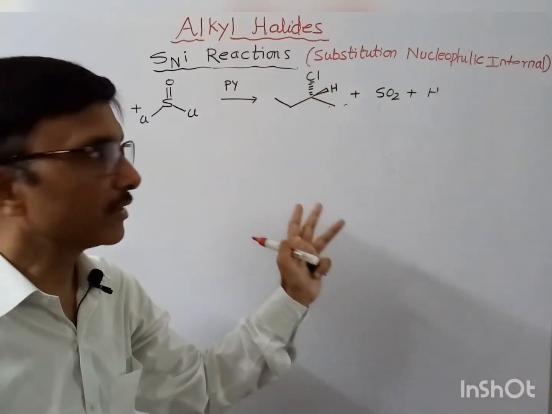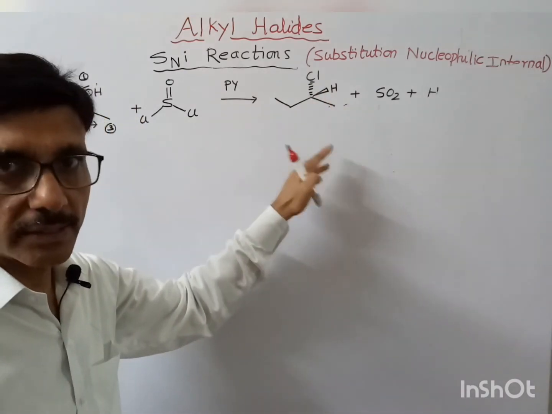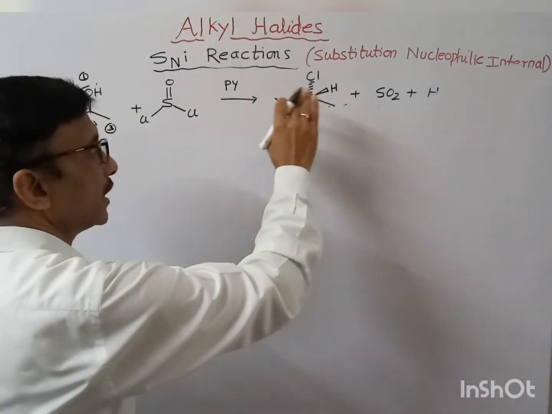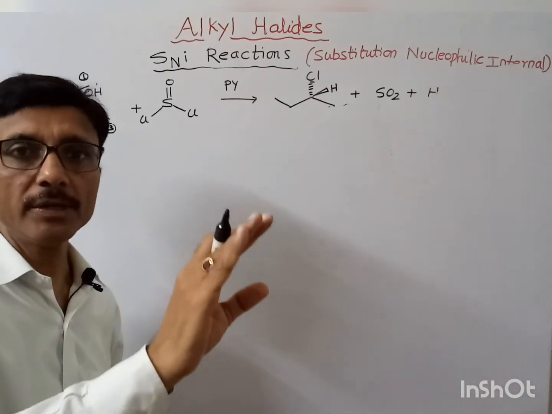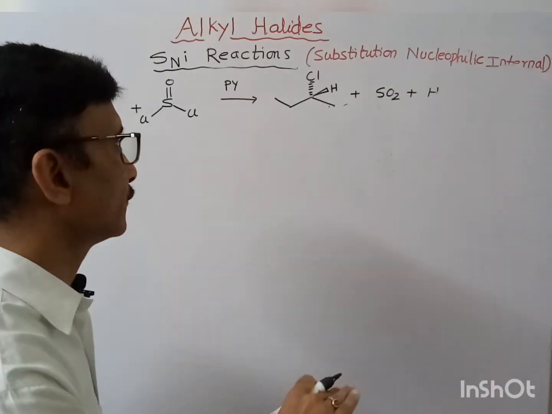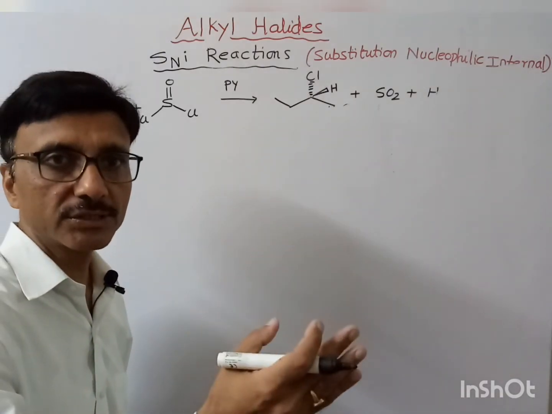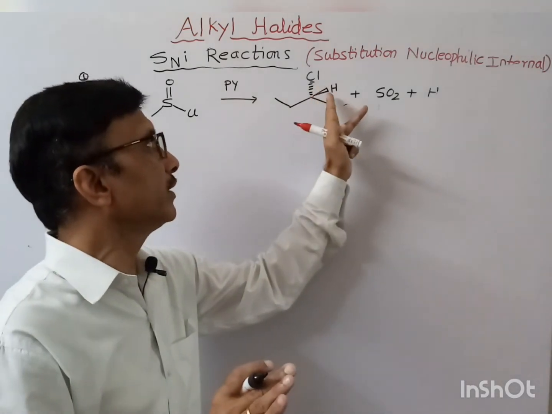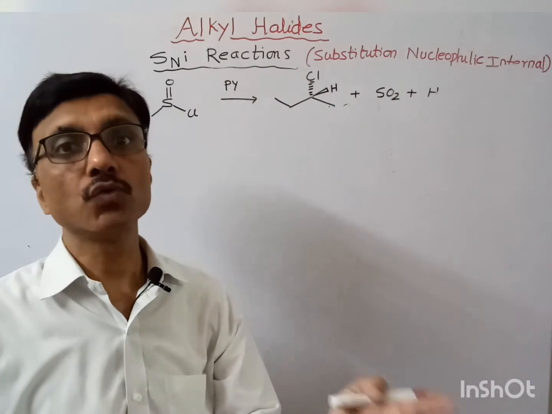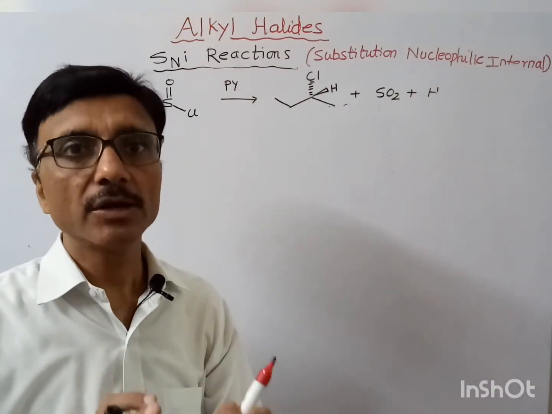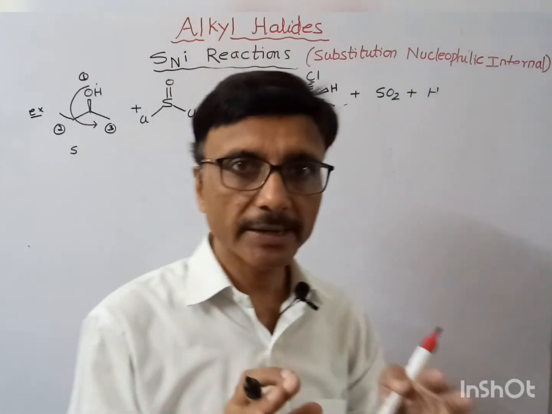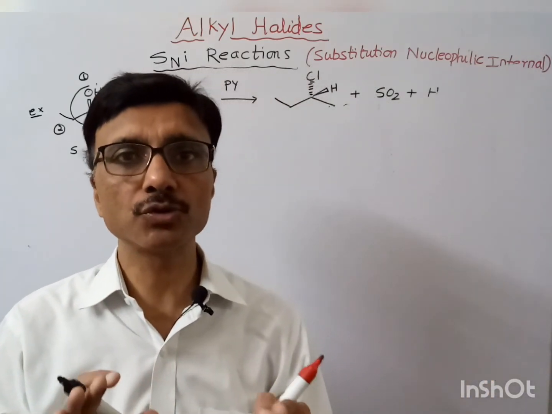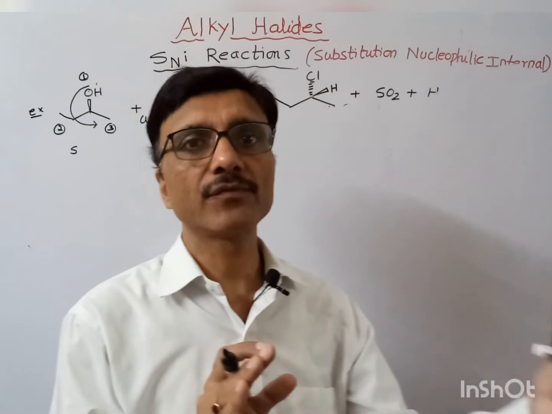That's why the configuration that we are getting, we should reverse that configuration. So if we are getting the S configuration, then that should be written as R configuration. If we are getting R configuration, we should write the S configuration. This is the case when the hydrogen is present towards us. Otherwise, when we are writing the R and S configuration, our least priority group should always be away from you.